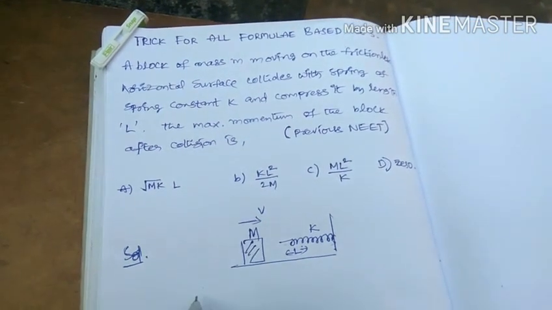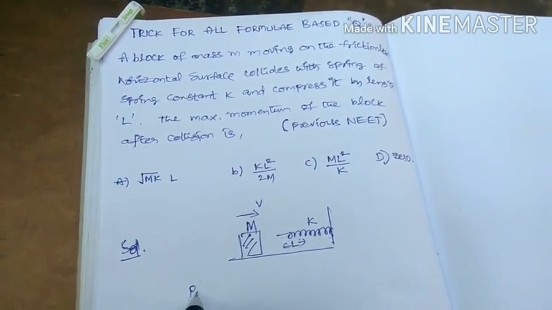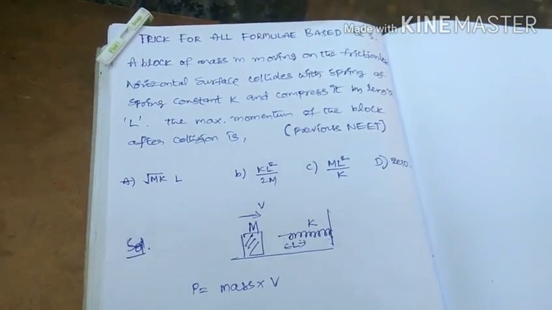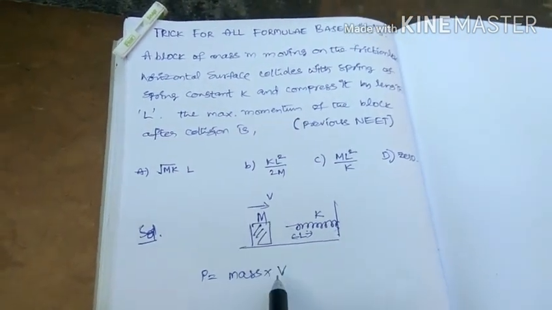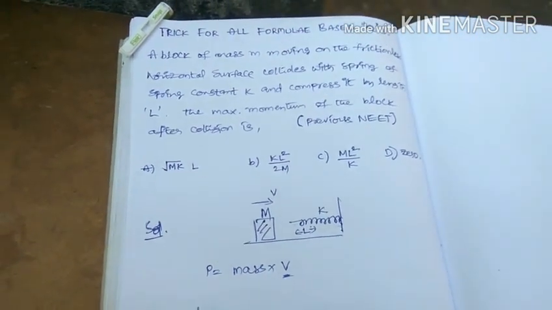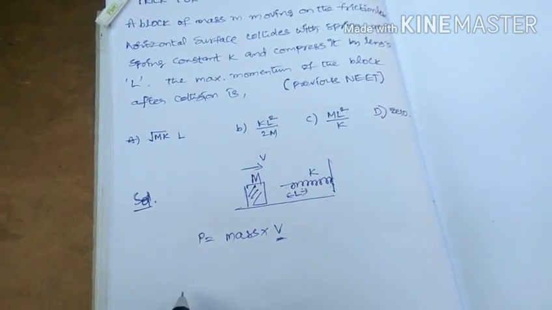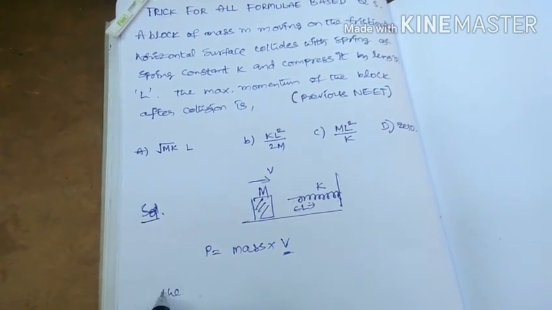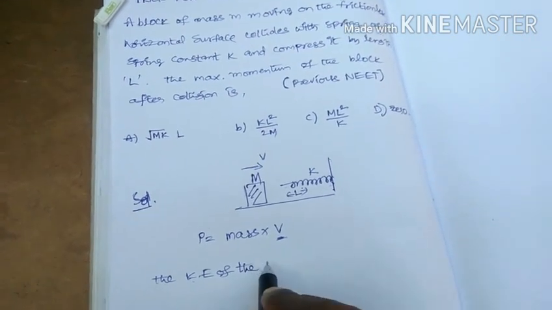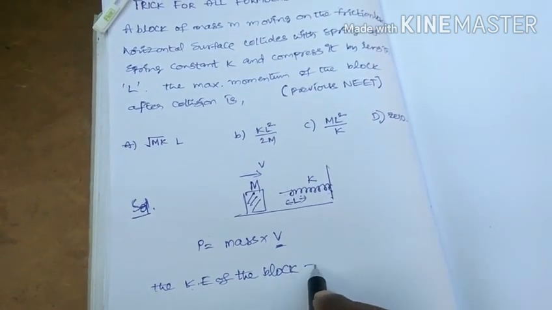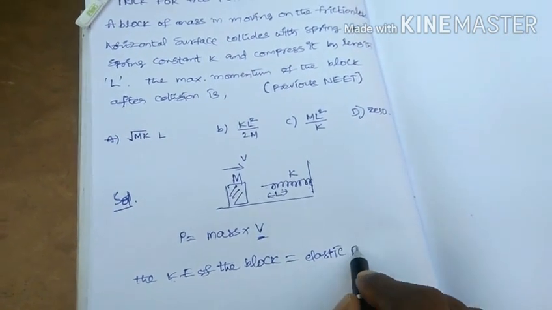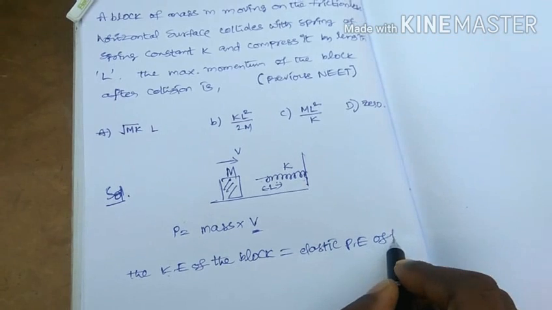The momentum P is equal to mass into velocity. We know the mass, but we don't know the velocity. So the formula is: the kinetic energy of the block is equal to the elastic potential energy of the spring.